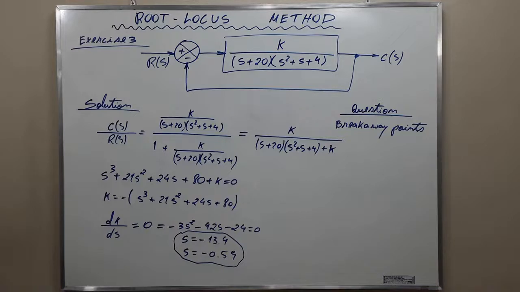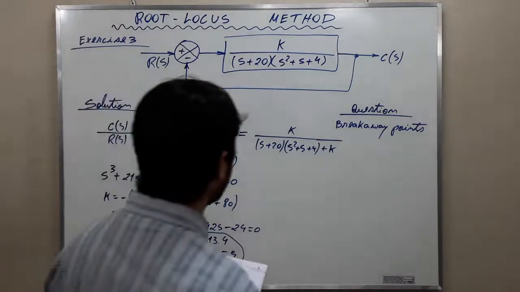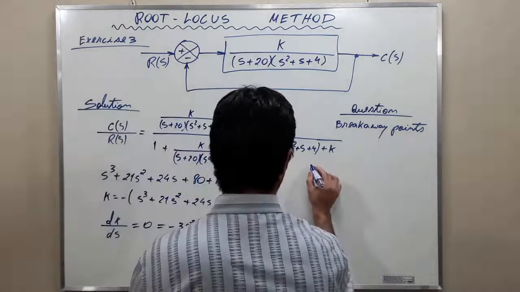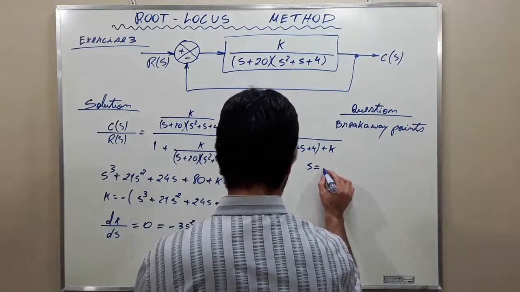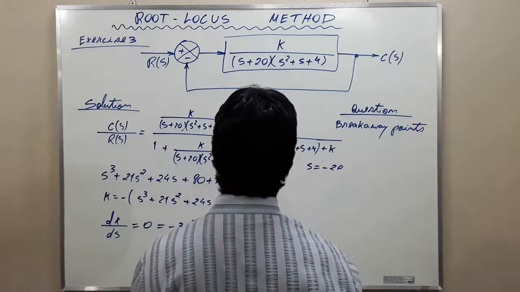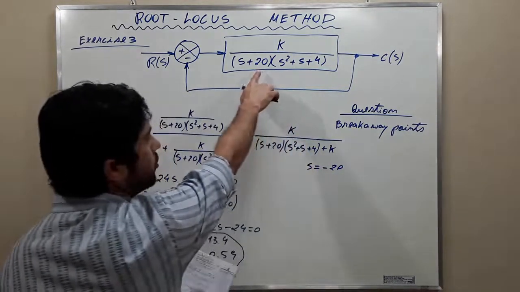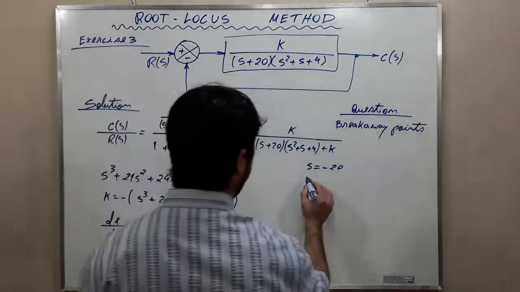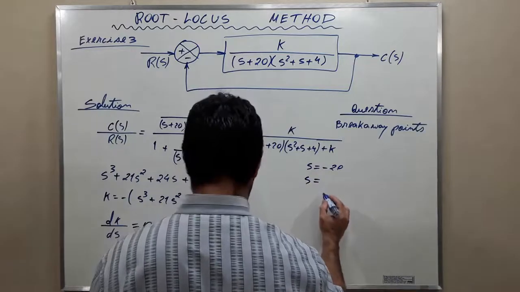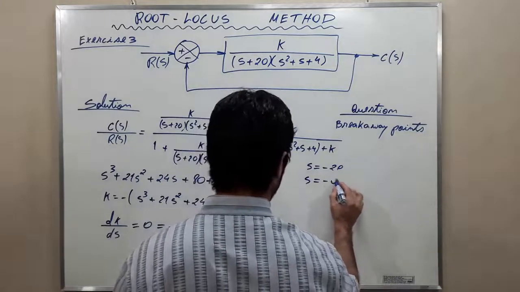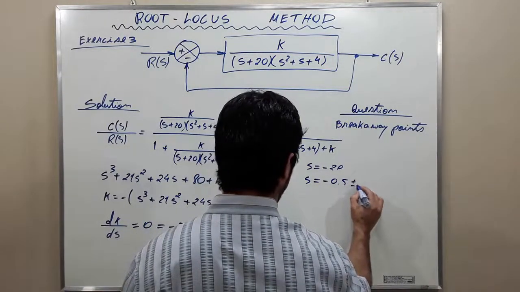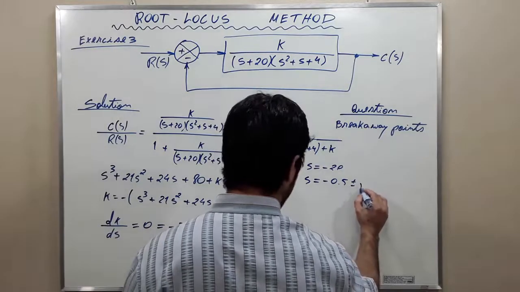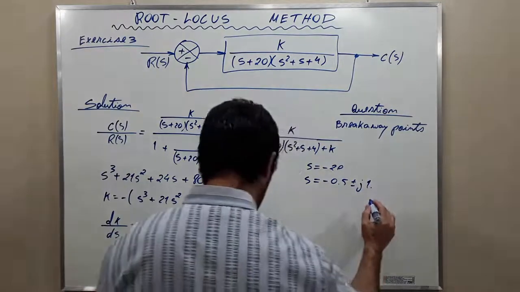Now, the root locus on the real axis will be S equal to minus 20. Okay, this is one of the open loop poles. The other open loop poles will be S equal to minus 0.5 plus minus J 1.94.